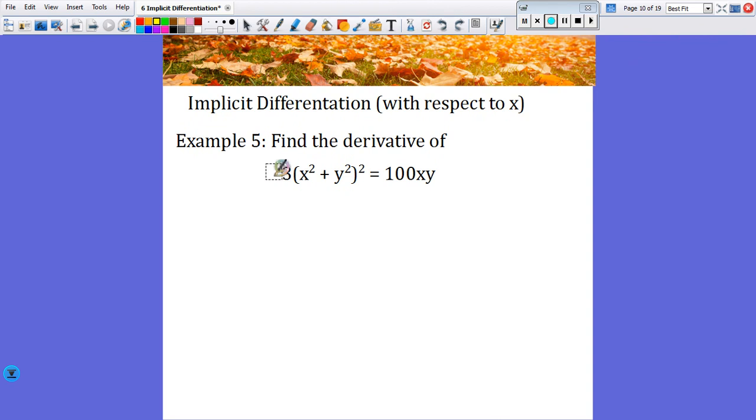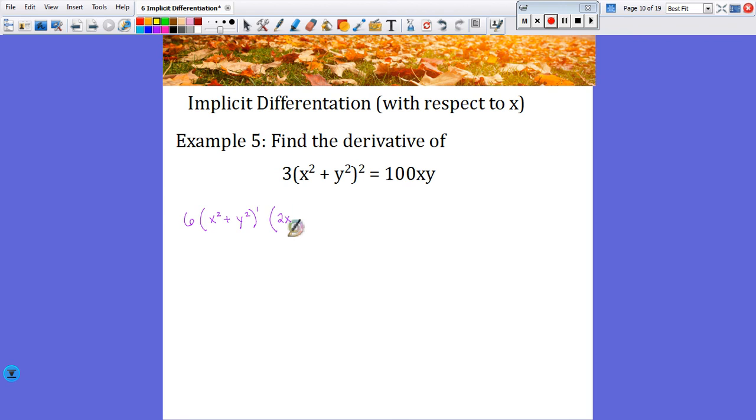For our last example, the left side's going to use chain rule, and the right side's going to use product rule. So, to start off, we're going to multiply the 2 times the 3 to be 6. The parentheses is the same to the 1 power times the derivative of the inside.